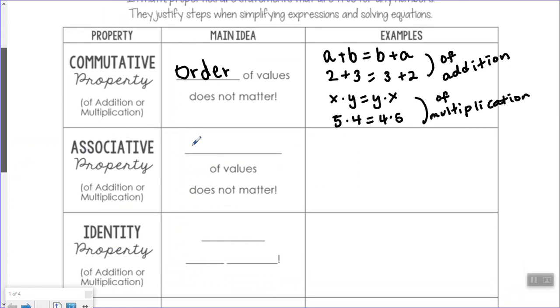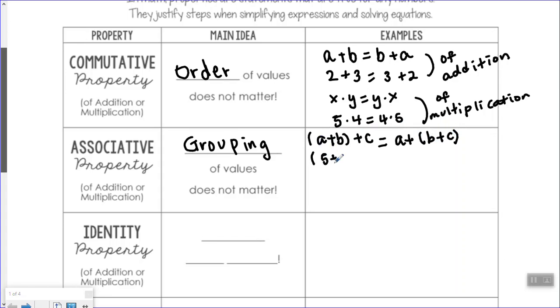Next, associative property of addition or multiplication is grouping of values does not matter. So for example, A plus B plus C, but now A and B are grouped, is equal to A plus B plus C. So the order did not change, but you switch the grouping, it's still the same.